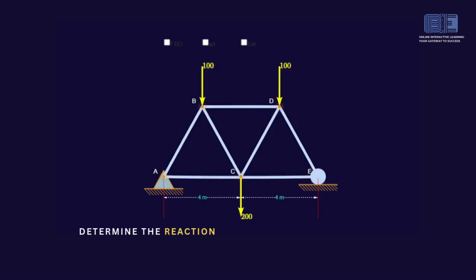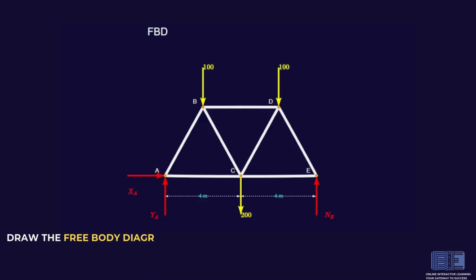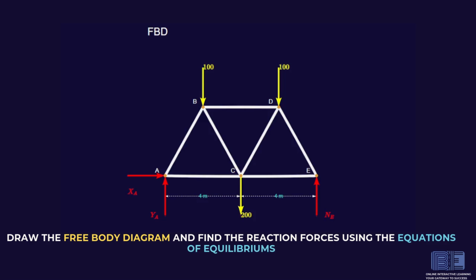Determine the reactions in the supports A and E and the force in each member of the truss shown. State whether each member is in tension or compression. Draw the free body diagram and find the reaction forces using the equations of equilibrium.